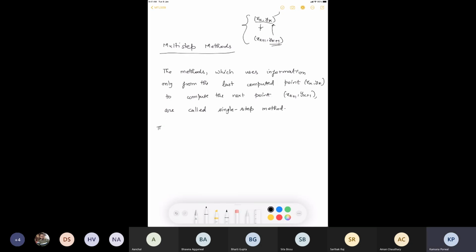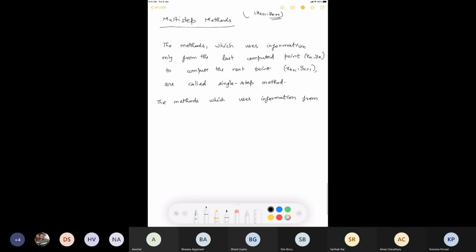So the methods which use information from more than one previous point to compute the next point are called multi-step methods.